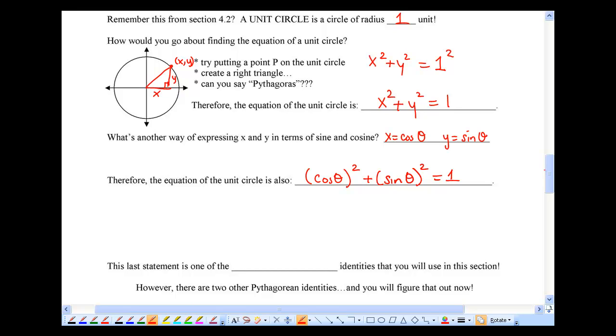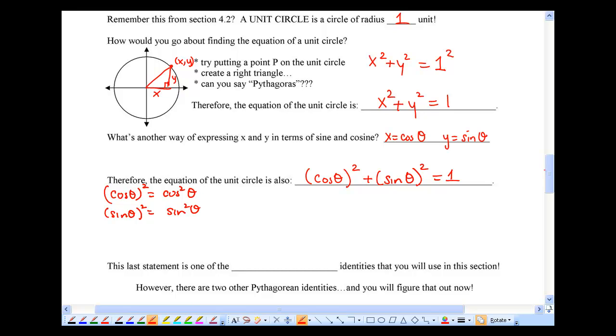Now, by the way, people in trig, when they say cosine theta squared, I hope you remember this, this is the same thing as writing cosine squared theta, because that indicates that you're taking the entire thing, cosine theta, and squaring it. Similarly, sine theta all squared can be written as sine squared theta.